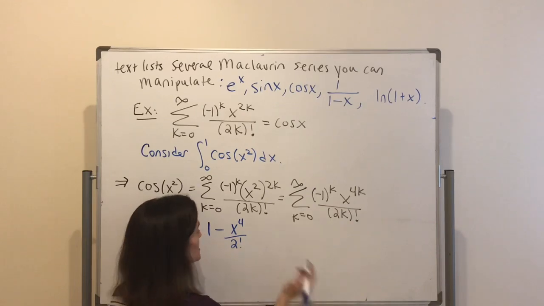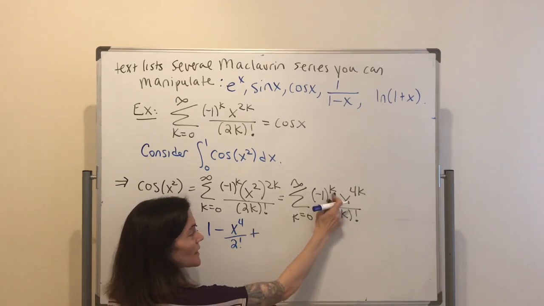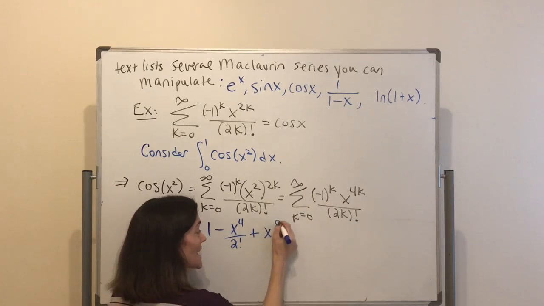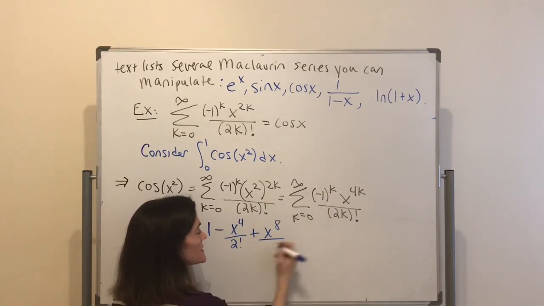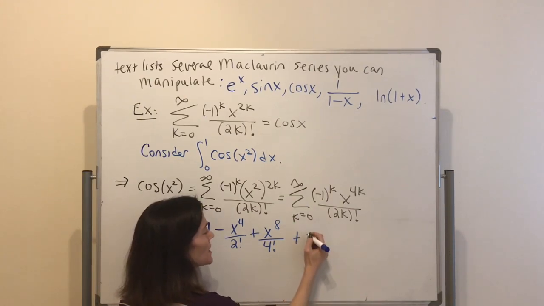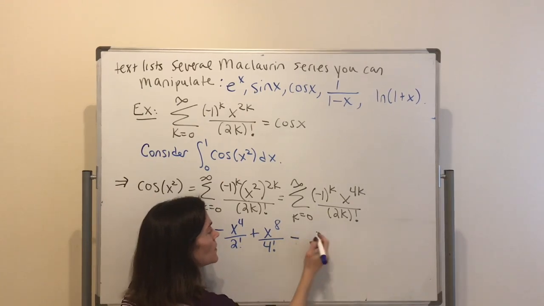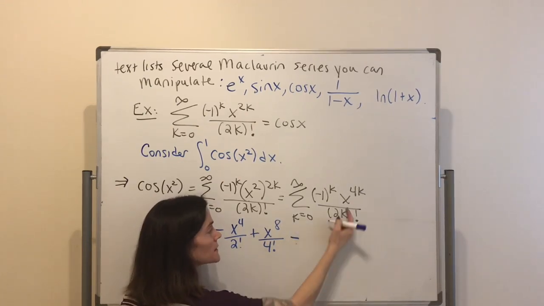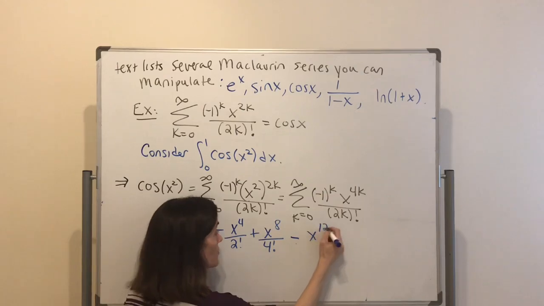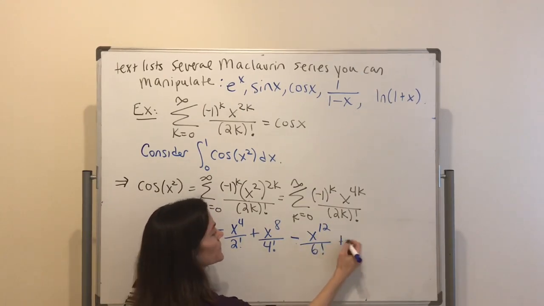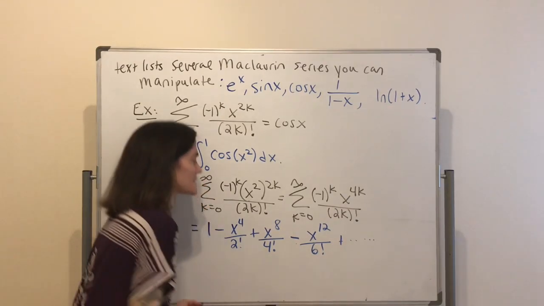When k equals 2, I have a plus x to the 4 times 2, which is 8, over 4 factorial. And then I'll write a few more maybe. When k equals 3, this will be a minus x to the 12th over 6 factorial. Just like this.